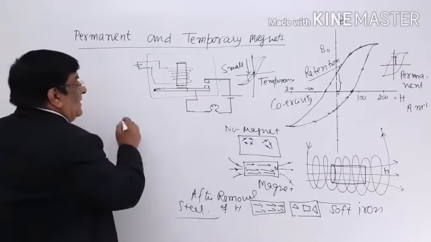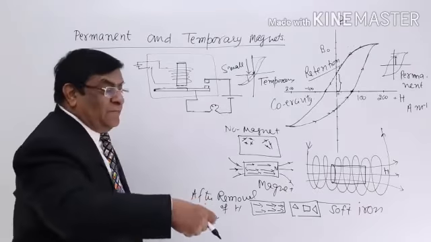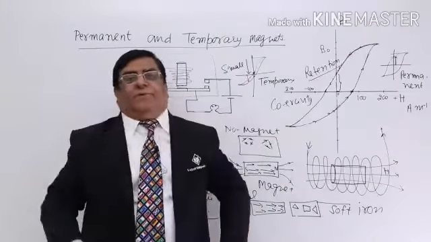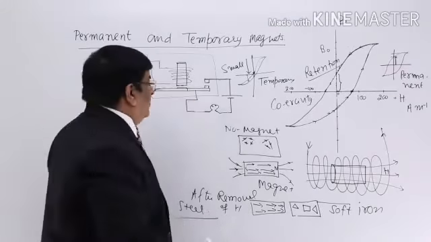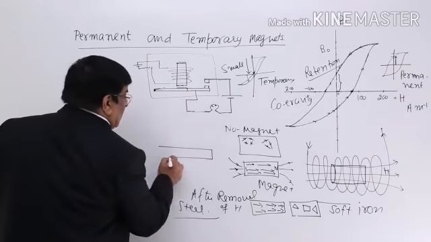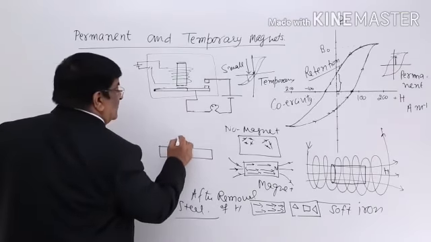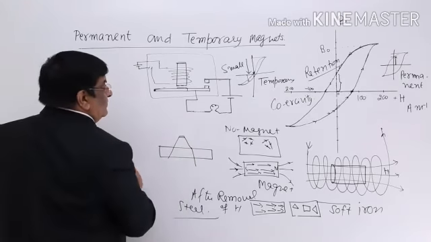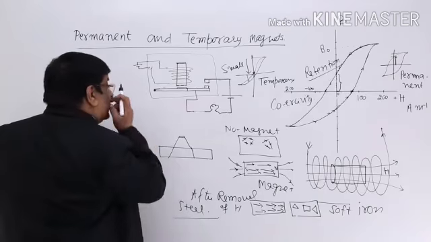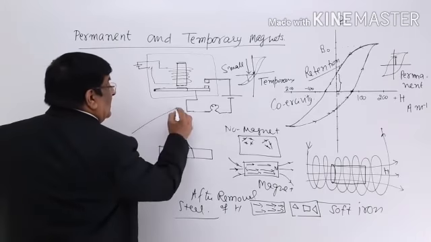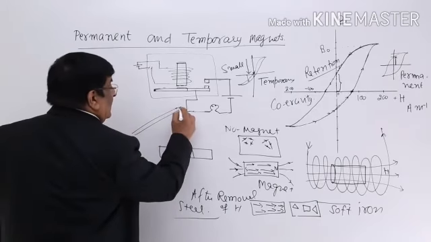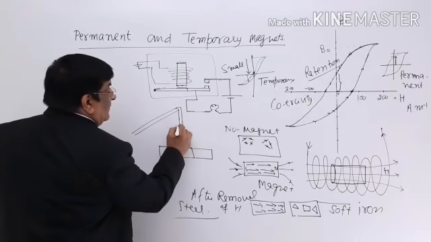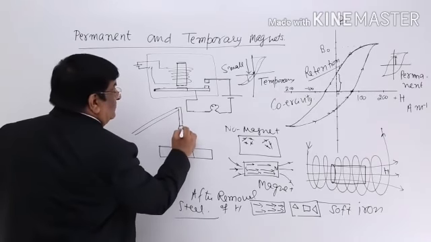Another example: in a crane we have to lift very large iron sheets, 5-ton sheets. How do we do that? Here is a sheet, and with this sheet we have the ropes, and we want to lift it. We bring a crane, and at the end of the crane, where it is to bind with the sheet, we have a magnet.